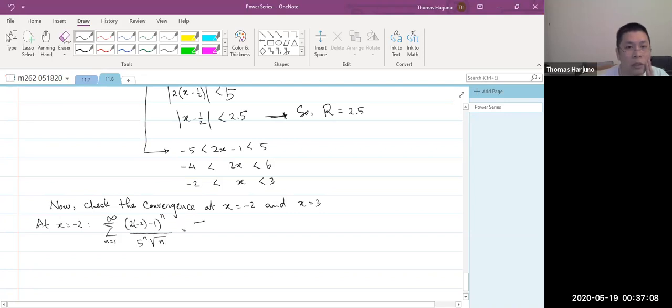This is the series -5 to the n over 5 to the n square root of n, right? Which is an alternating series.